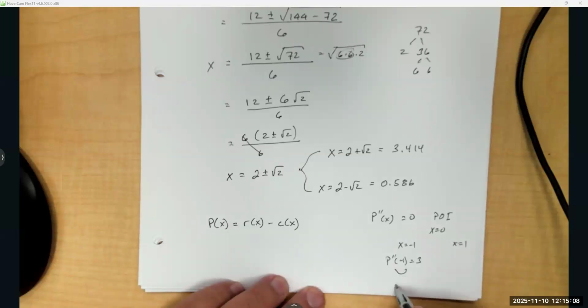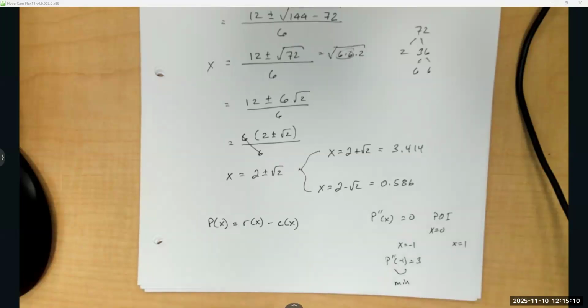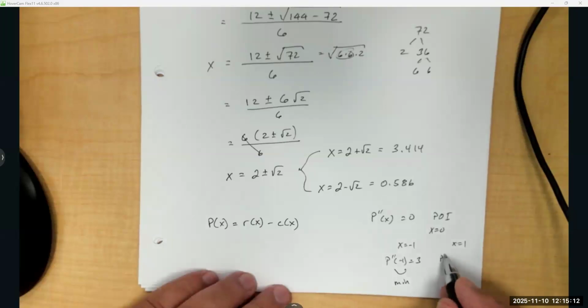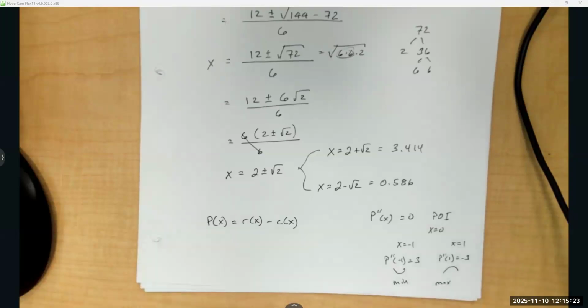It's concave up, so we have a minimum. If we put our point into the second derivative and it's negative, that means it's concave down, so we have a maximum.